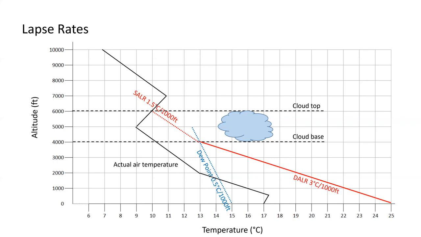Why does the environmental air temperature increase as it goes higher again? Several reasons. Let's say this inversion down here, we can assume that's been the overnight inversion.